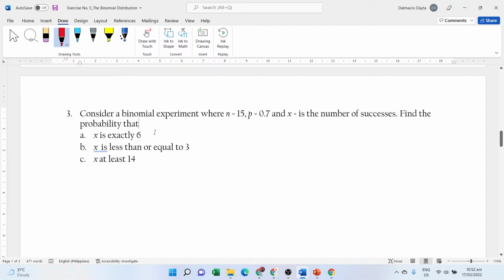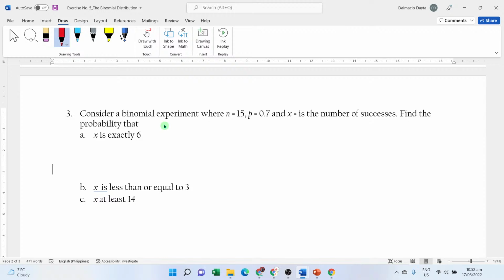Okay, so for letter A, x is equal to 6. And since we're only given the value for p, q will be 1 minus 0.7, that is 0.3.